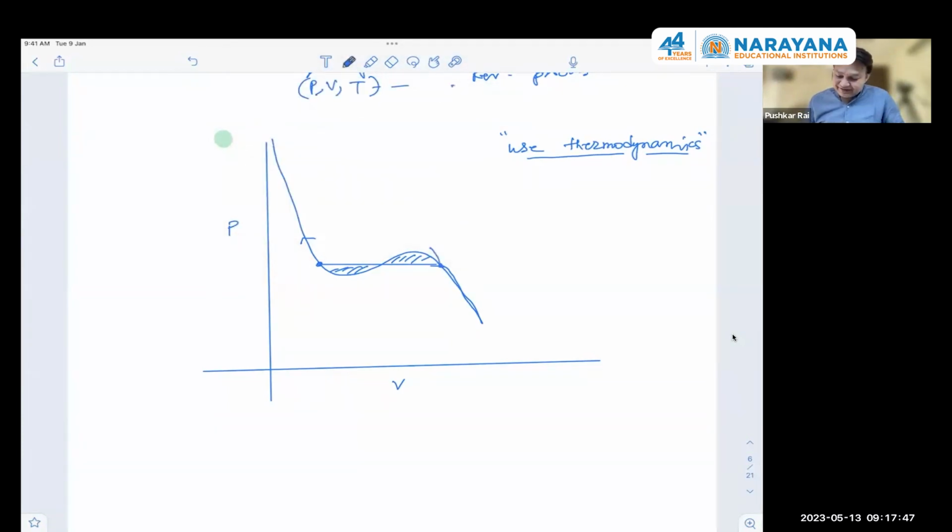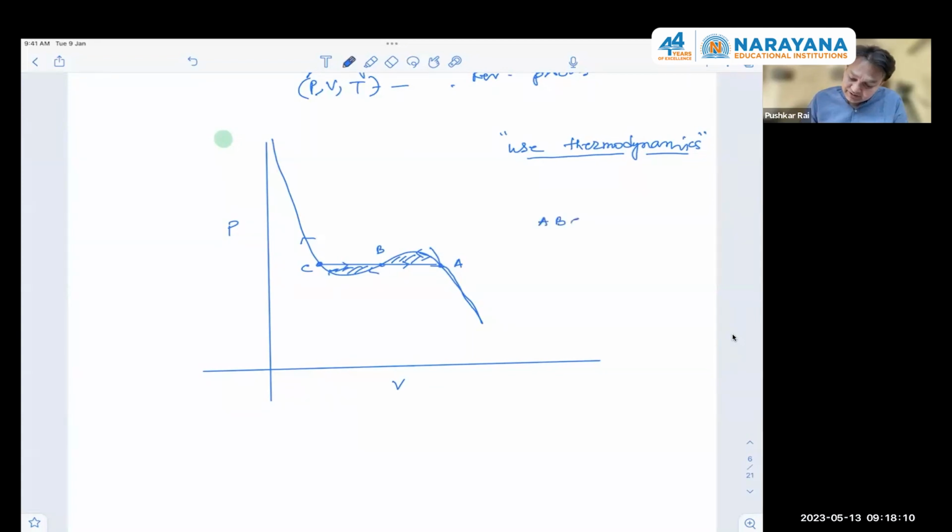See this? You take this process to be like this. Take it like this. And take it like this. Go from A to B, B to C, C to once again B, and B to A. What is this process?